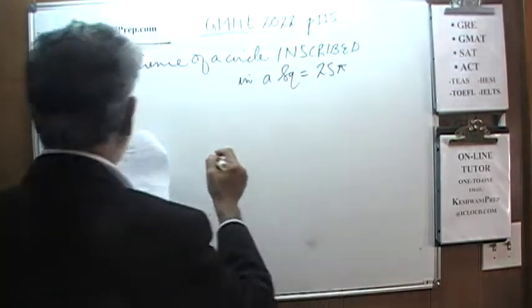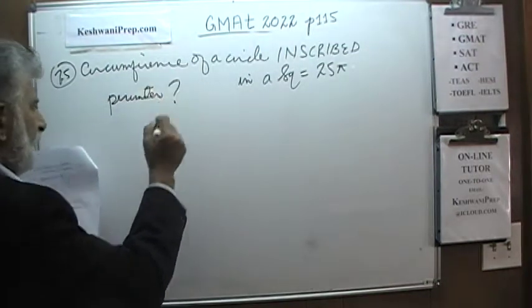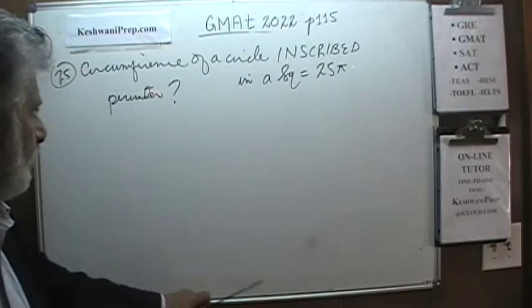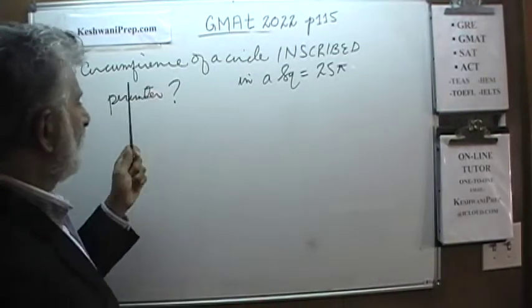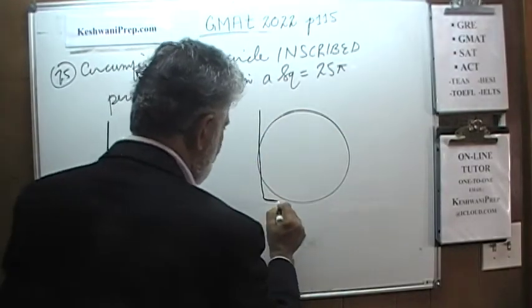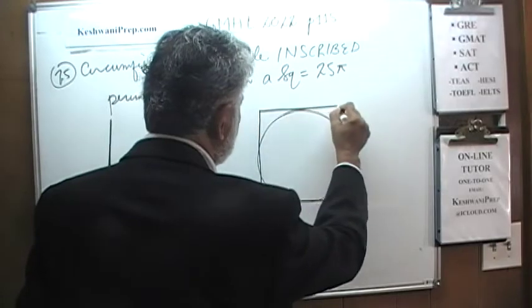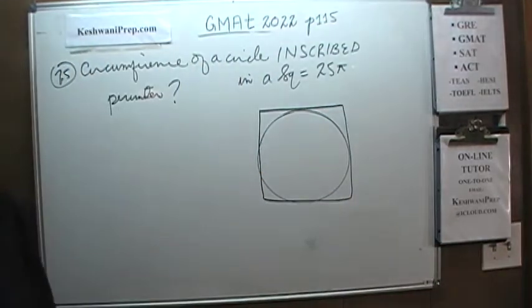The question simply is, what's the perimeter of such a square? So let's draw it. We're going to inscribe a circle inside a square. And we want to find out the perimeter of this square.